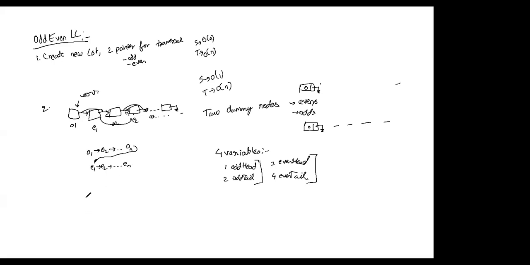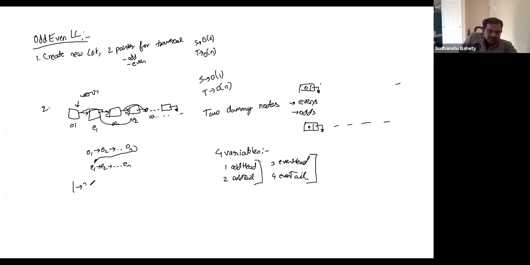Say this is the linked list 1, 2, 3, 4, 5. Right now I have a current variable which points to the head of the linked list. And there is a dummy node for odd, which initially has a value of 0 and it is null. And then there is a dummy node for even, which has an initial value of 0 and which is null.